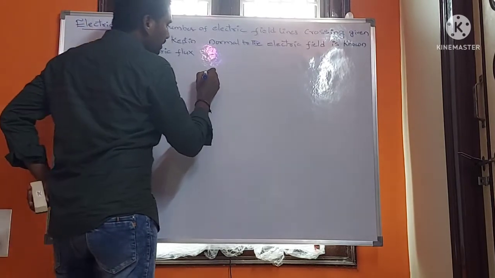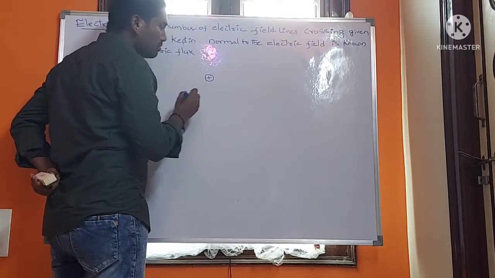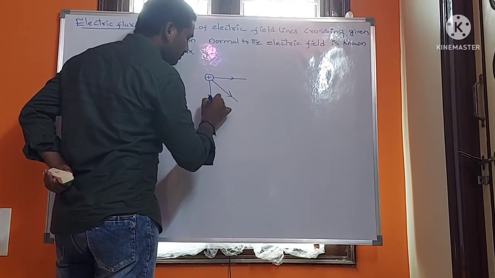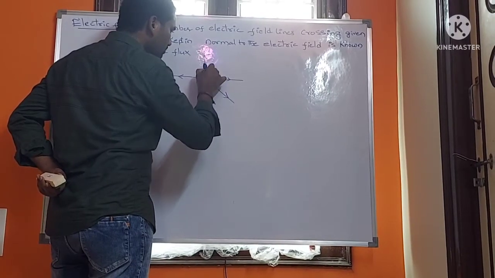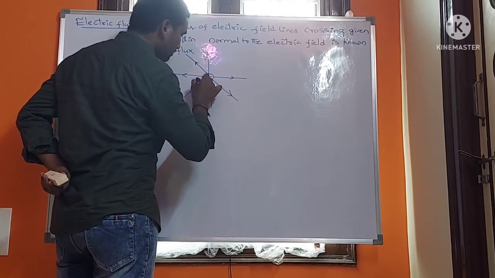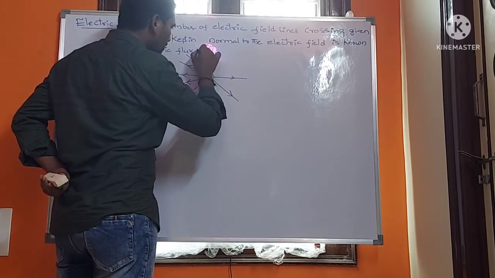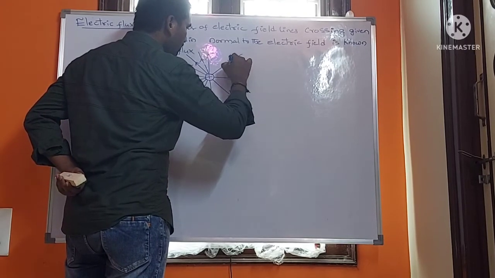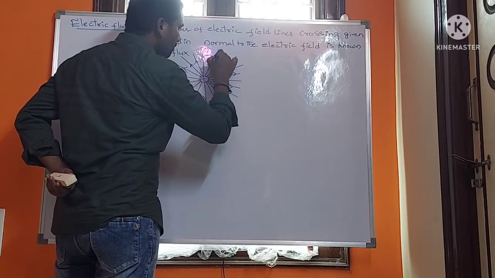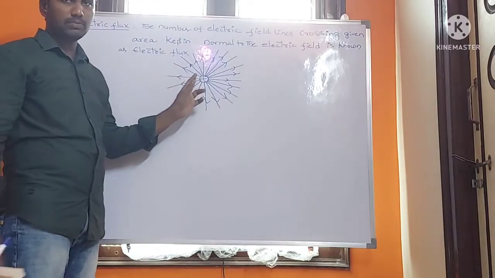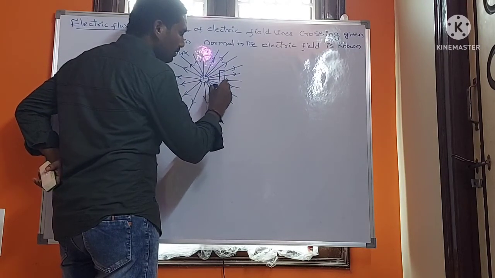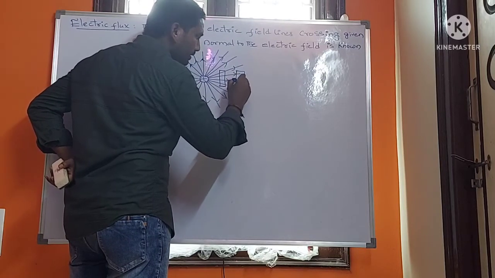For example, here is a positive charge. The electric field lines of a positive charge always pass in the outward direction. This positive charge creates the electric field around it. Now, here a charge area is placed, and here another is placed the same way.